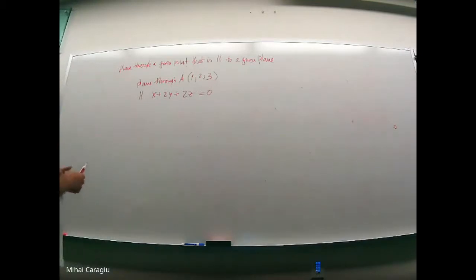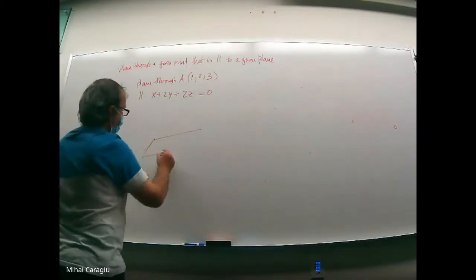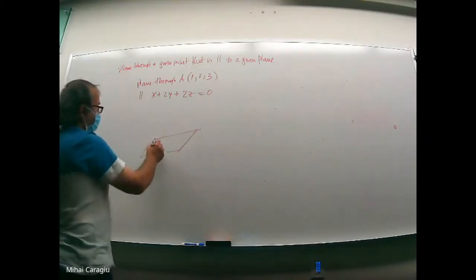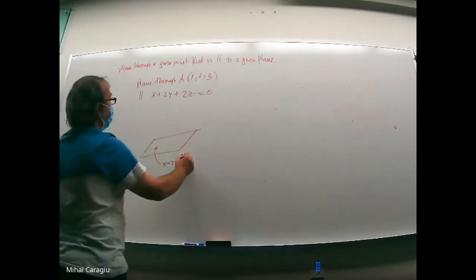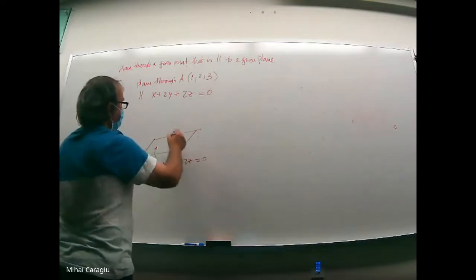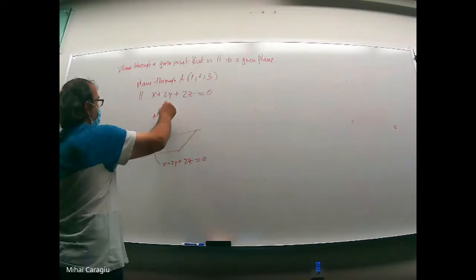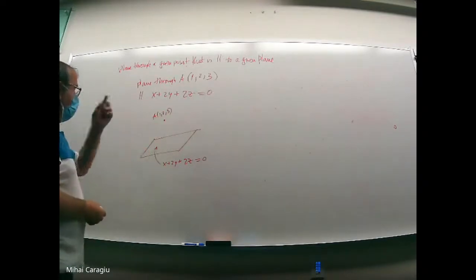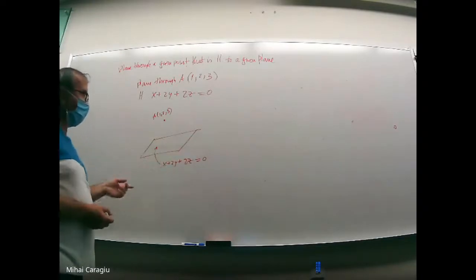Now, there's the plane x plus 2y plus 2z equals 0, and there's the point 1, 2, 3. We can easily verify that this point is not in this plane because the coordinates of the point A do not satisfy the equation of this plane.